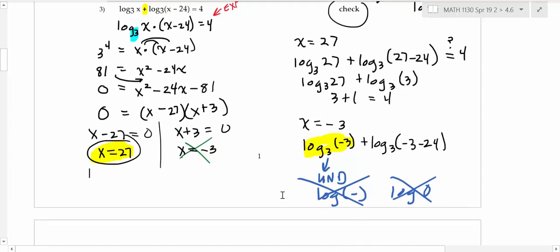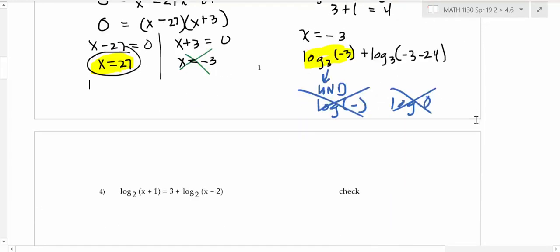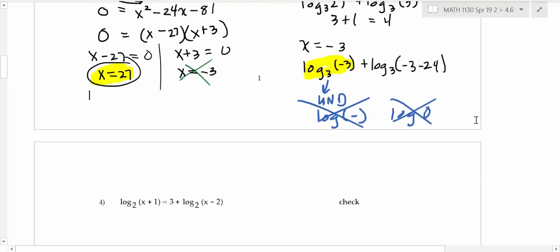Let's move to the next thing here, and with this one, we've got logs on both sides. Now you can't take the logs off because that 3 doesn't have a log on it. So it would be wrong to just take off the logs. What you have to do instead is get all of the logs on one side. It's up to you which side you put it on.